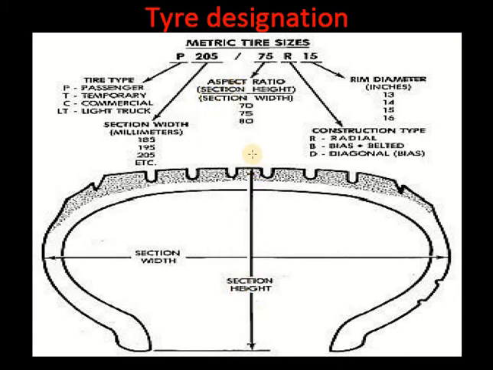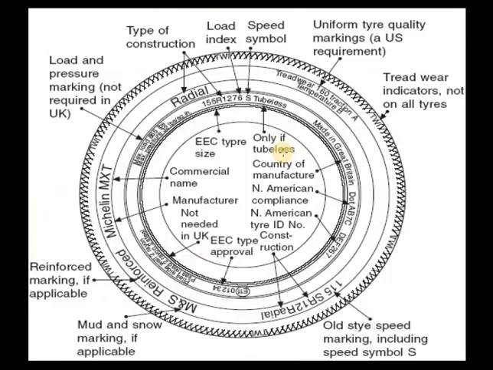It shows 70, 75, 80, etc. R is the construction type: radial, bias, belted, or diagonal bias, RBD. So this letter represents the type of construction. And finally the number 15 is the rim diameter in inches.